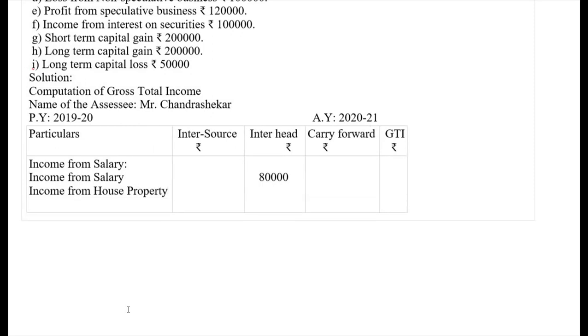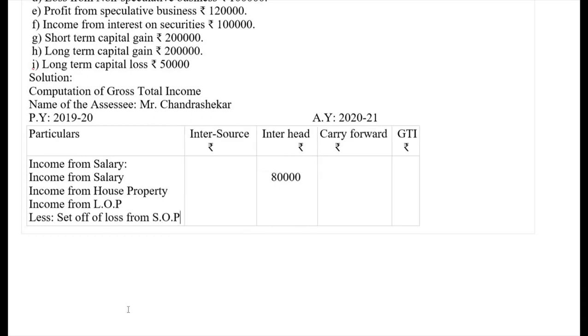Here we have income from LOP less set off of loss from SOP. So now let's take the values here.